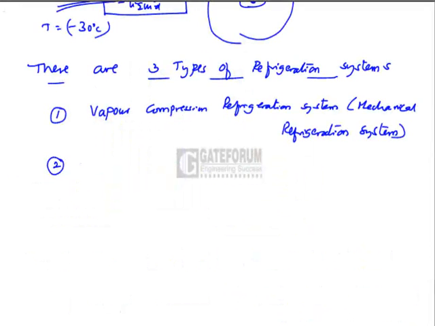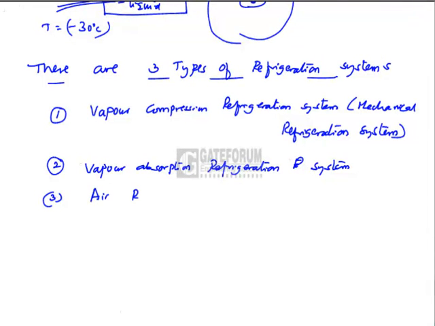Number 2, vapor absorption refrigeration system. Number 3, air refrigeration system.